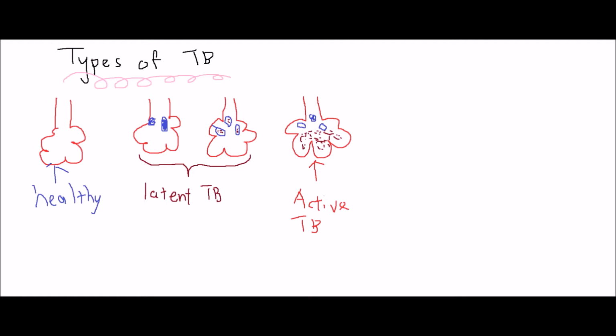Now the blue lines represent the macrophage and the blue dots inside represent the pathogen, the TB bacteria in this case, that has been engulfed by the macrophage. Now the macrophage will patrol around the human body, so in this case it's patrolling inside the alveoli. So the blue patches inside means that it has been engulfed by the macrophage and destroyed.